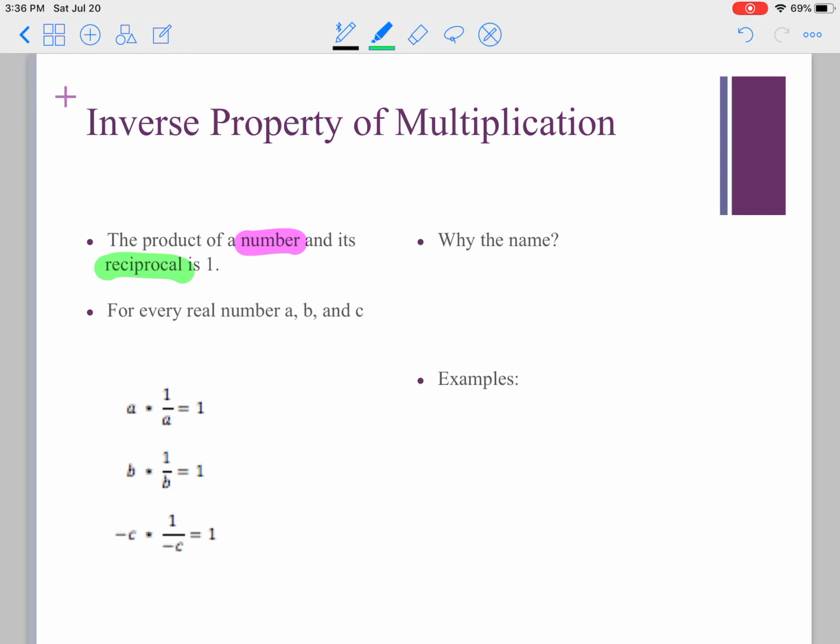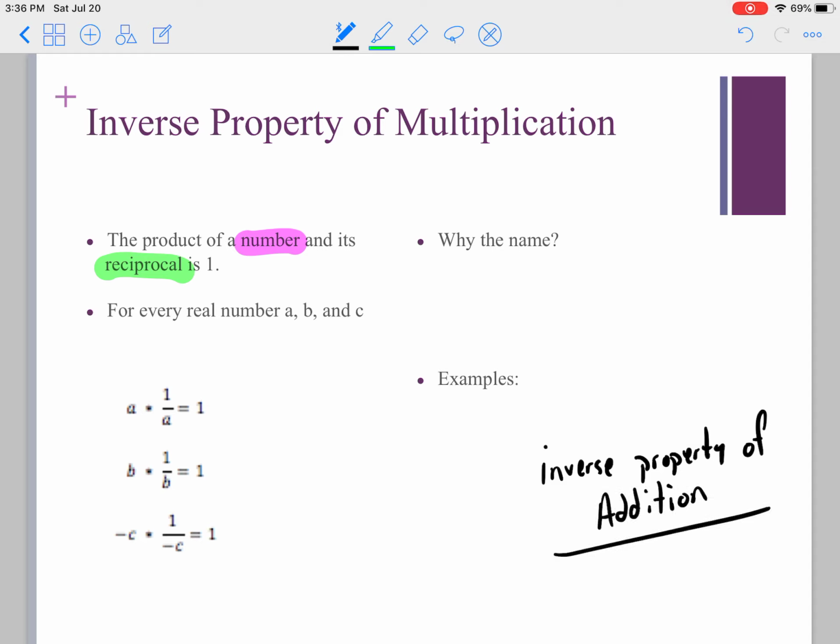The inverse property of addition, and I'll write it over here just so you can recall, is that a number is added to its opposite to equal 0.